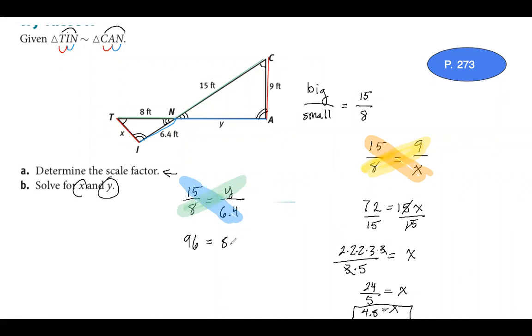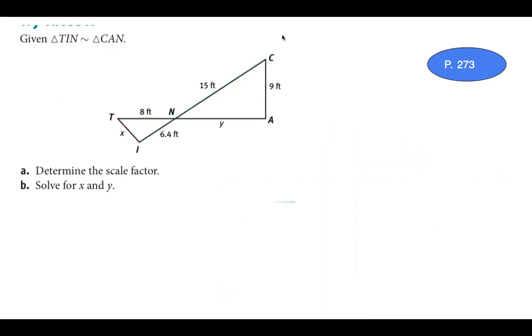And 8 times y is 8y. I'm going to divide both sides by 8, cancel the 8, and I get y is equal to 96 divided by 8, which is 12. So y is equal to 12. So we found both of the missing sides on our pair of similar triangles, thanks to our similarity statement. Thanks, similarity statement. All right, let's try another one.